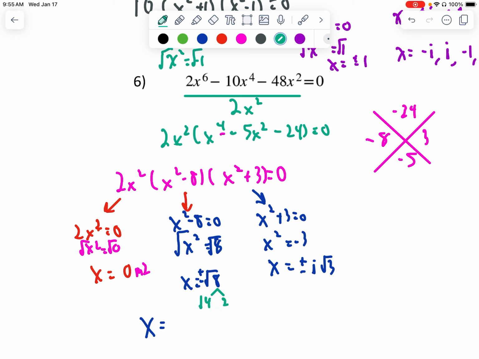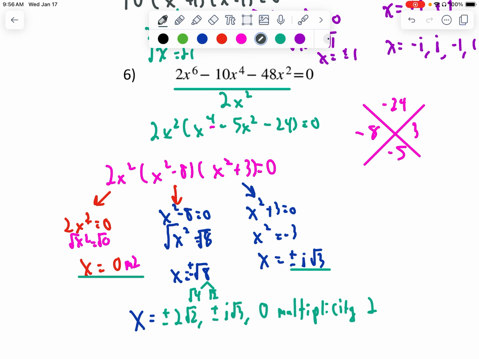We could split this up into the square root of 4 times the square root of 2, meaning we have x equals positive negative 2 root 2. We have this positive negative i root 3 here. And then we have our 0 with multiplicity 2.